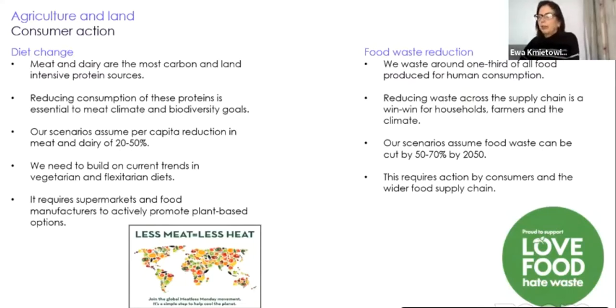Our scenarios reduce consumption of these high carbon foods by 20 to 50% on current levels. And whilst we've seen trends towards vegetarian and flexitarian diets, these need to be ramped up. It requires consumers to engage with this debate and for supermarkets and producers to create and offer more plant-based options.